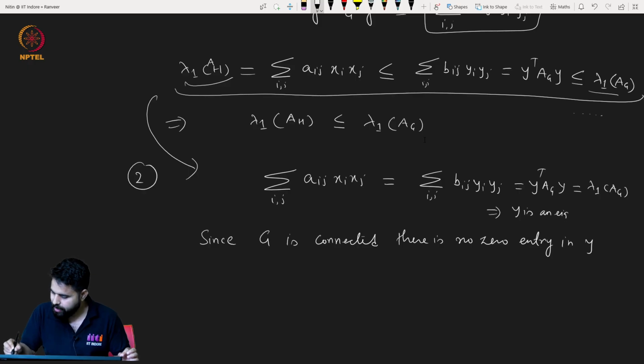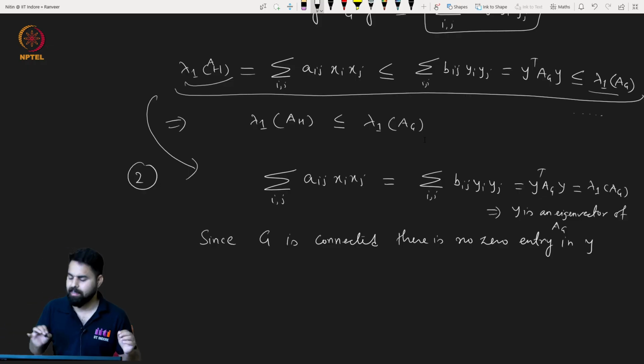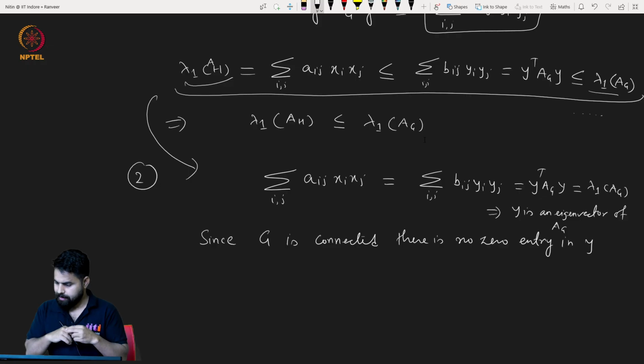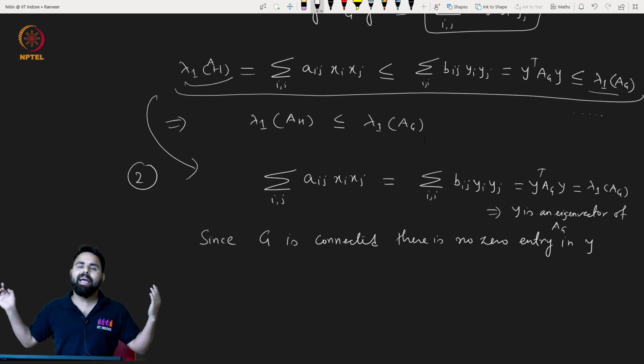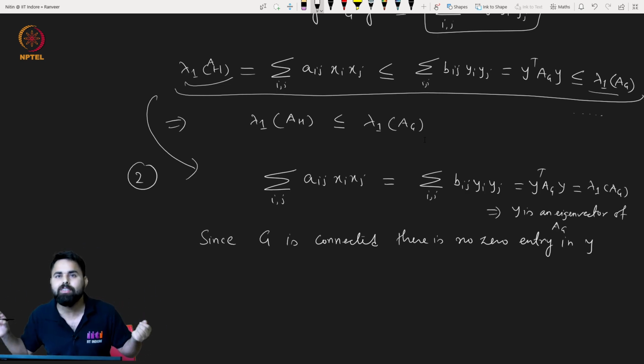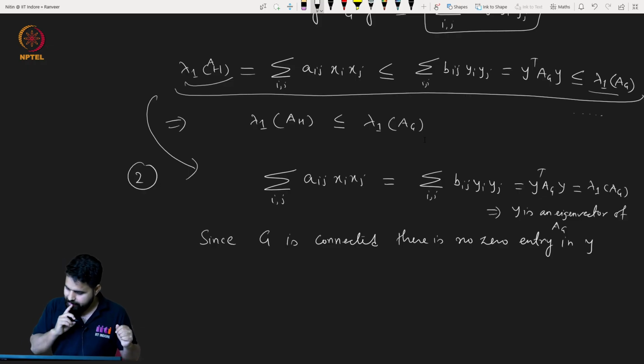Extremely sorry for the mistake, it was negligence on my part. Now since y is a non-negative vector and G is connected, all the entries in y must be positive. There is no zero entry in y, in fact everything is positive.